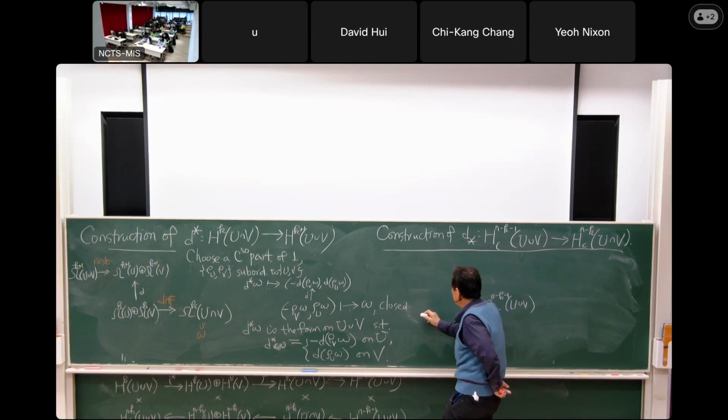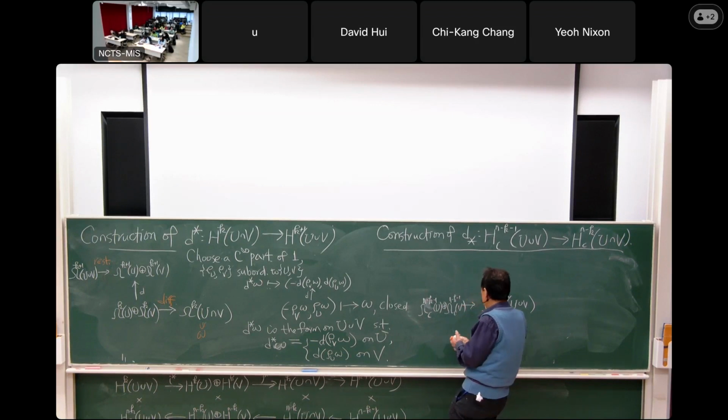So it's omega m minus k minus 1 of U plus omega m minus k minus 1 of V, and this is the sum.